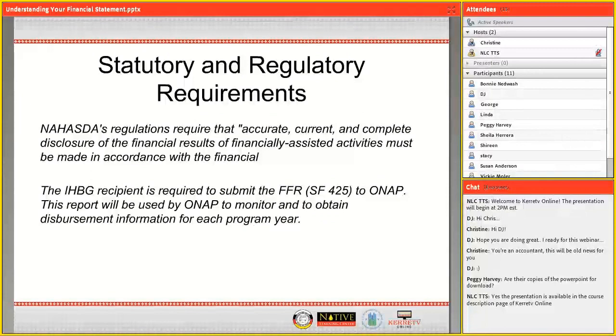Now, you must provide accurate, current, and complete disclosure of the financial results of financially assisted activities in accordance with financial records. Recipients are required to submit your FFR, your 425 report.